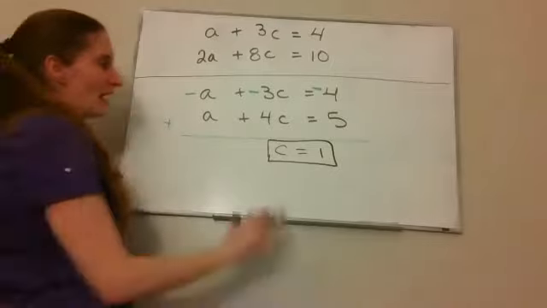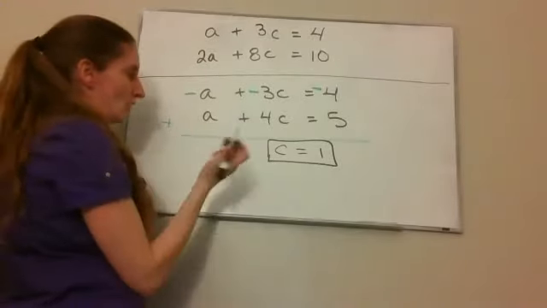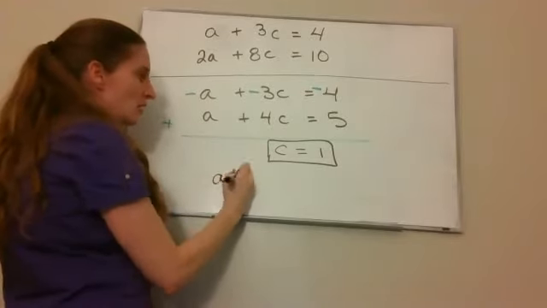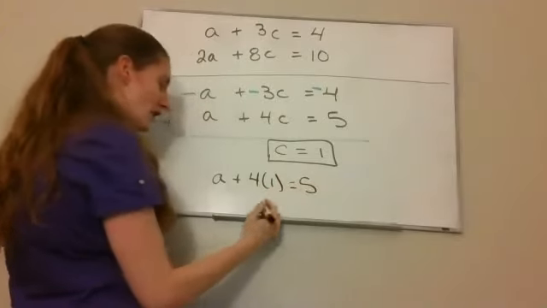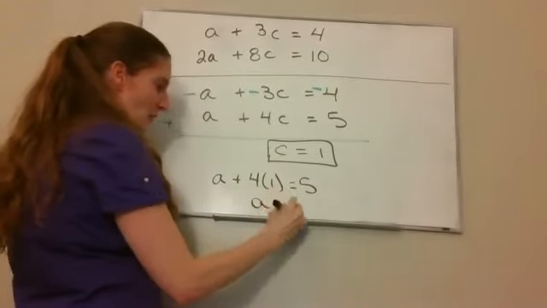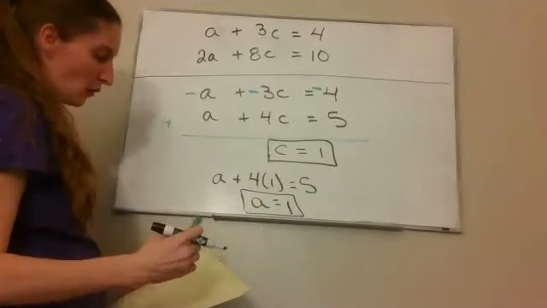To find A, I just take this C equals 1 and plug it back into one of these equations. Let's just use the bottom equation. A plus 4 times 1 equals 5. So this means A equals 1. So both A and C are 1.